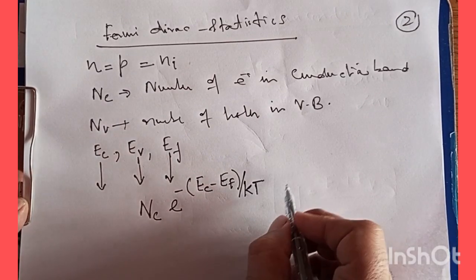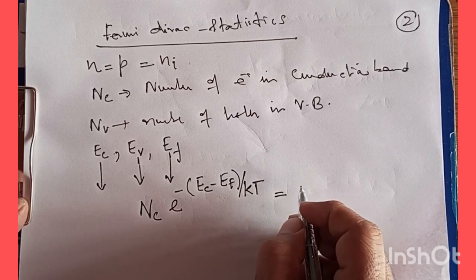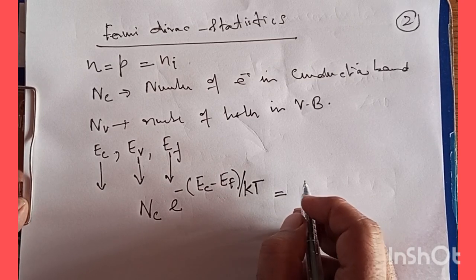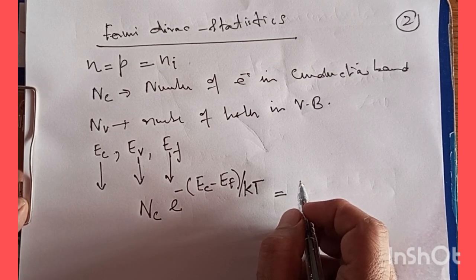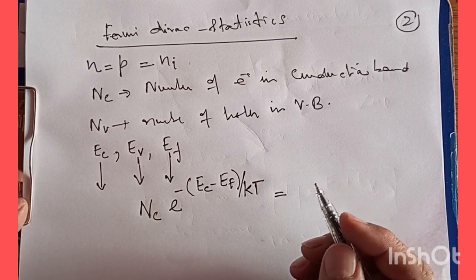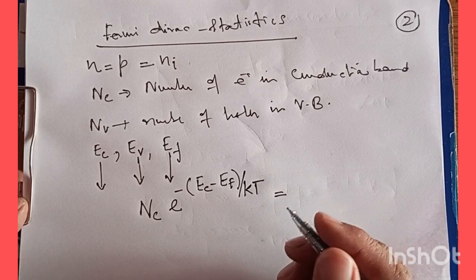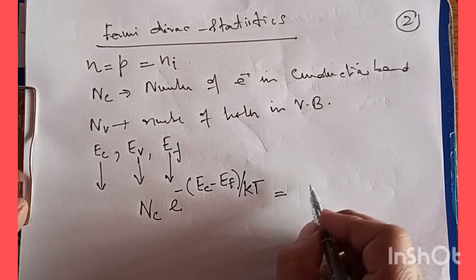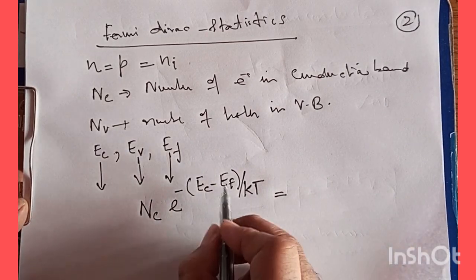Since we are dealing with the same temperature, the temperature will also be the same for the two systems: electrons in the conduction band and holes in the valence band. So this is for electrons.